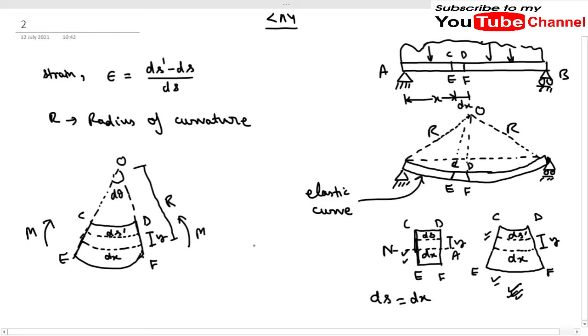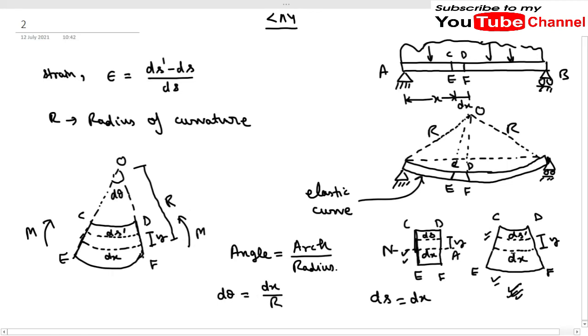Now from this figure we can write very easily, from the formula angle is equal to arc divided by radius, that d theta will be equal to dx upon r.